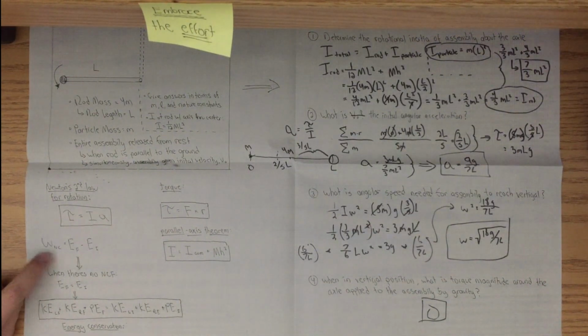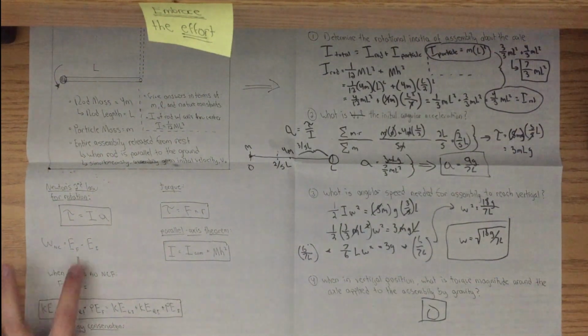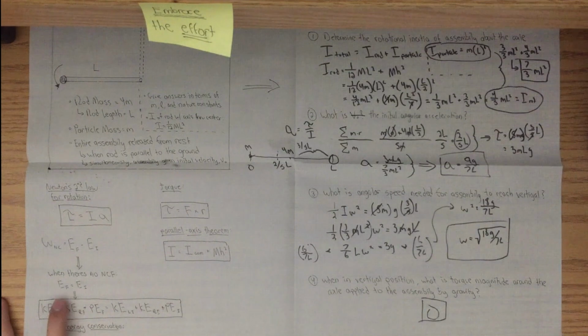Now, if there are no non-conservative forces, that means there's no work being done by them. That makes sense. And in that case, work done by non-conservative forces equals 0. And when there are no non-conservative forces, then we can move one of these energies onto the other side of the equation and essentially say that the final energy equals the initial energy.